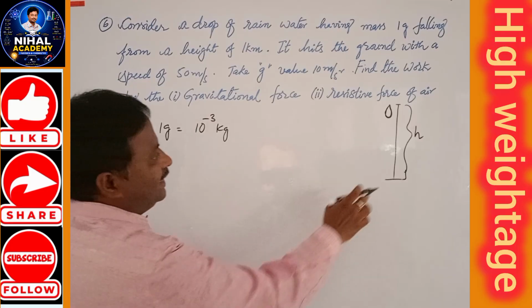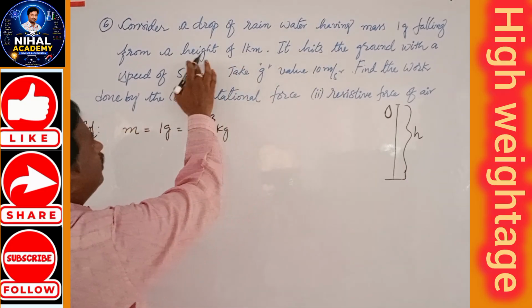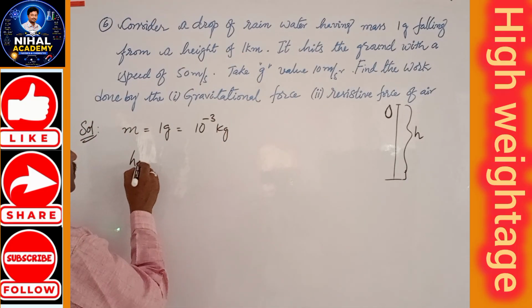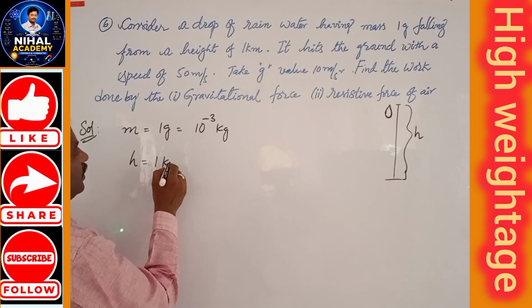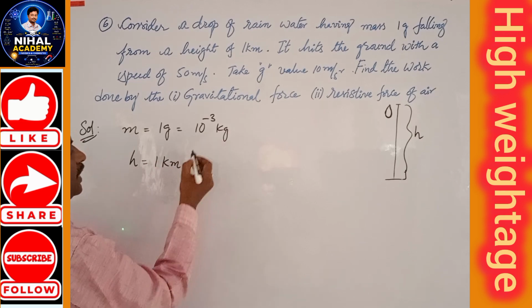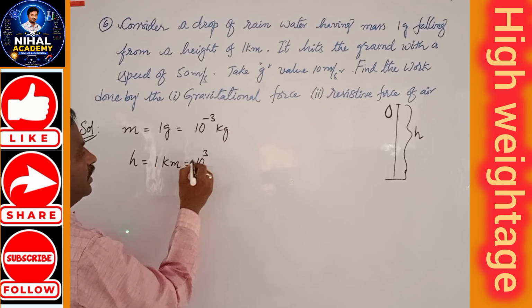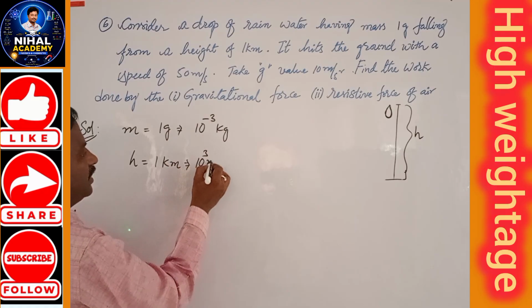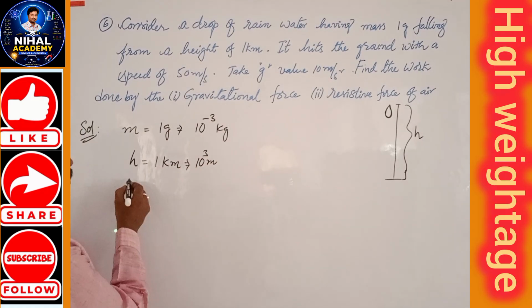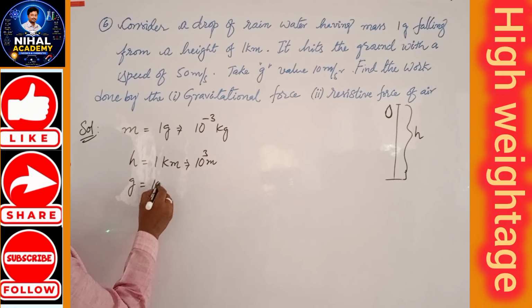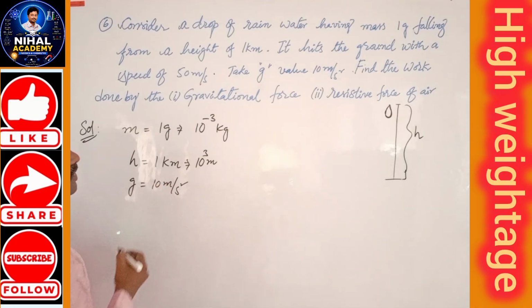Next, the height is 1 kilometer, so h is equal to 1 kilometer. We have to convert it into meters, that is 10 power 3 meter. And the g value is given, equal to 10 meters per second squared.